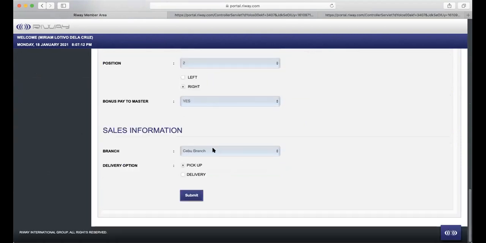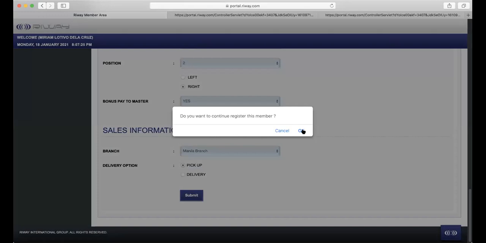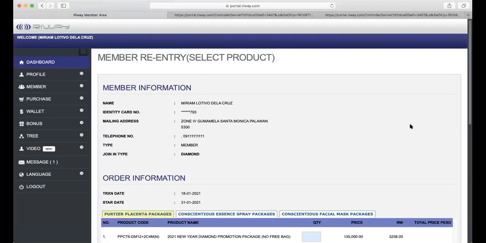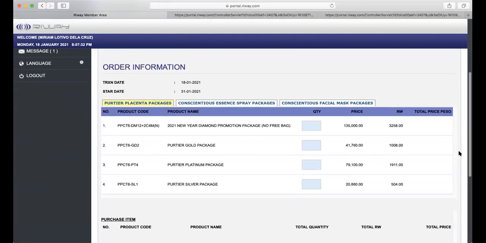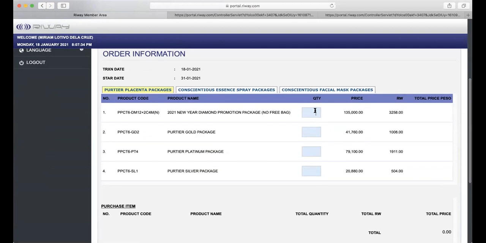Then you can choose where you collect the product. You can choose to collect in Cebu City, Davao City, Iloilo, Manila. Now, because we do not have an office in Puerto Princesa, all right? So we put under Manila and we submit. Okay. Then when you buy this promo, you see 2021 New Year Diamond Promo Package, no free bag.